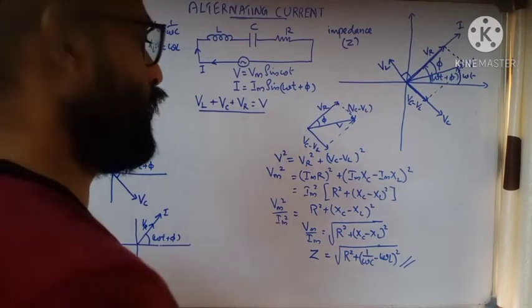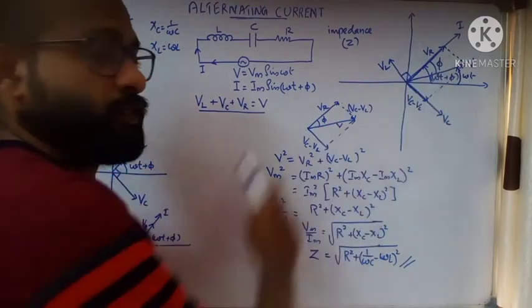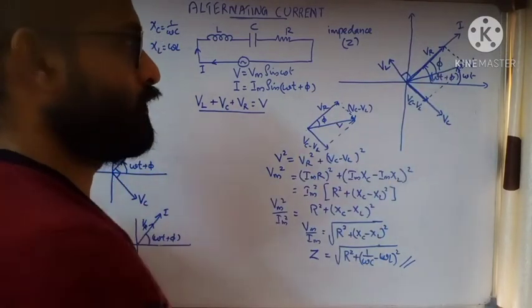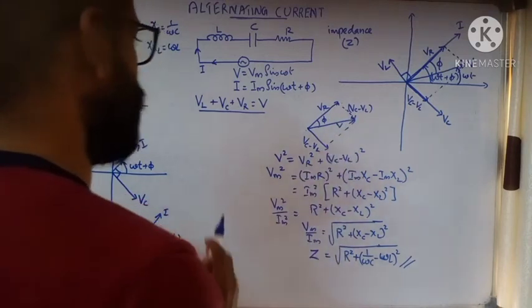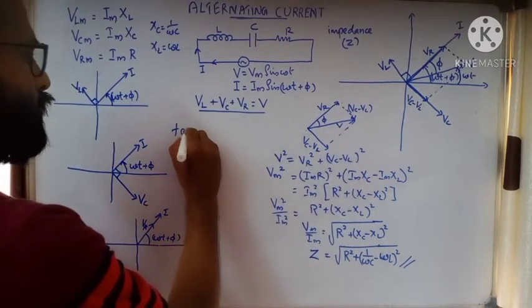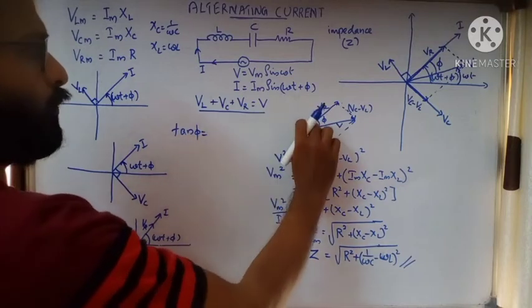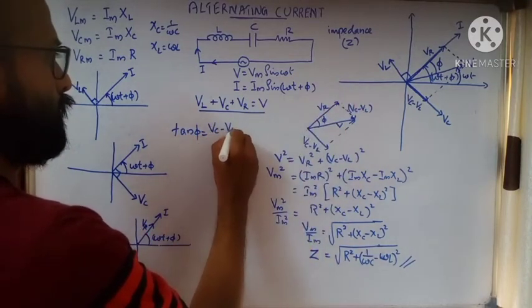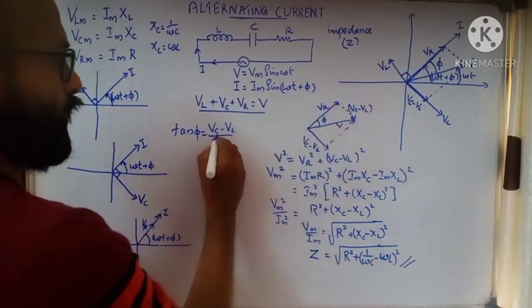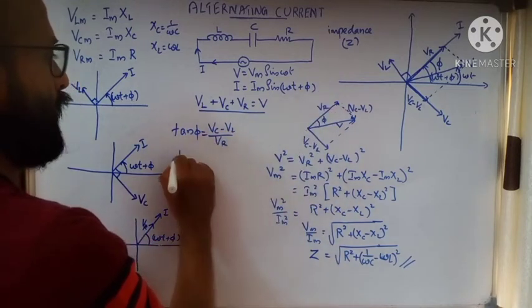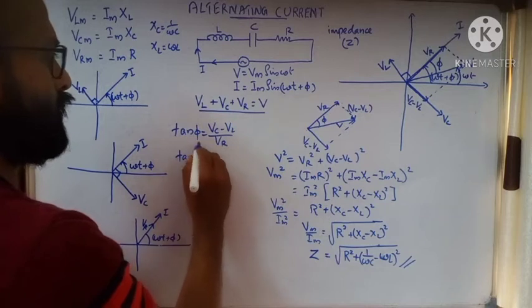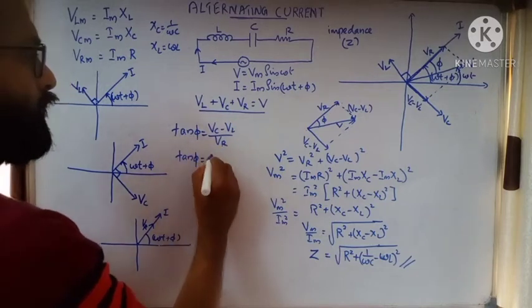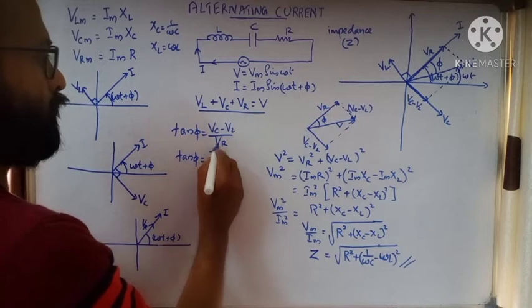Now we have one more thing. We need to find the phase difference phi. How will you find phi? In this triangle, you can take tan phi, which is the opposite side Vc minus VL divided by the adjacent side VR.